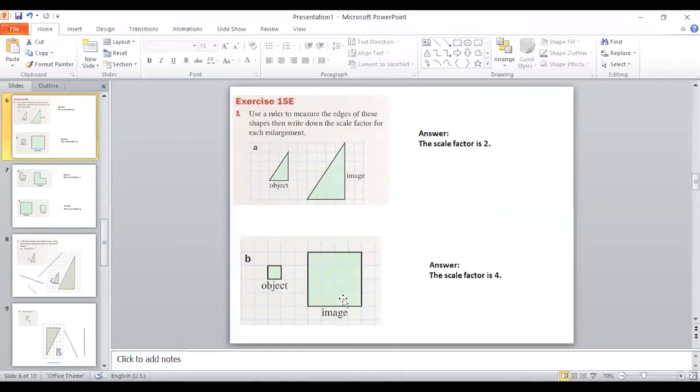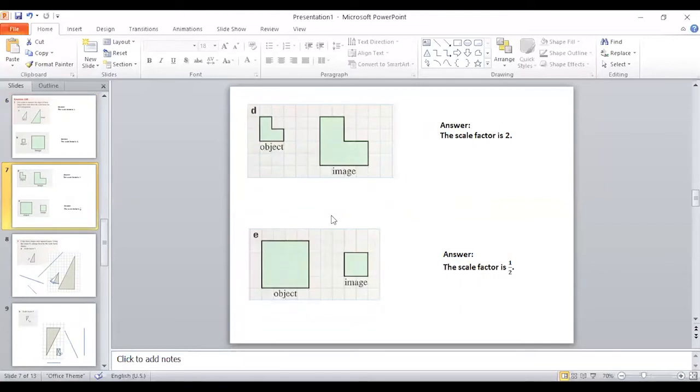Let's find the scale factor of this square. You see that the object consists of 1 unit or 1 square, the length of each side. What about the image? If we count carefully, we see 1, 2, 3, 4, 1, 2, 3, 4. The scale factor is 4 then, since the image side is 4 times the object side.